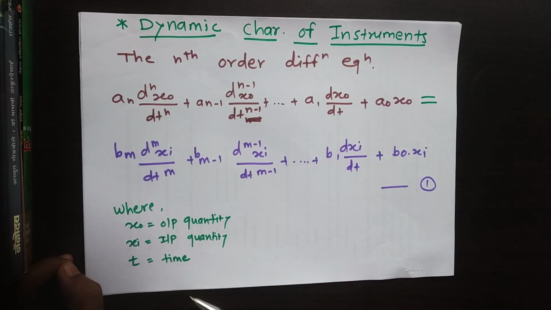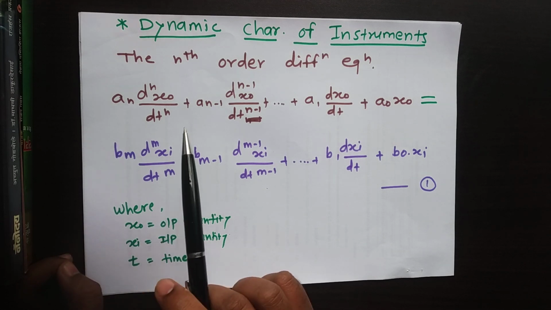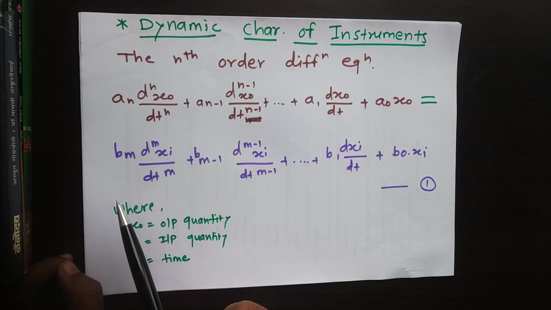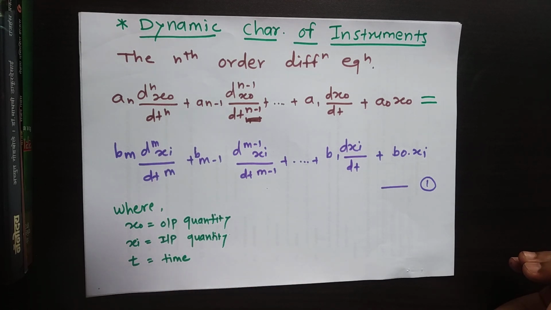So there are some similarities in input output terms you can see from this, that is this a and b. So this a and b are nothing but some of our variables. Okay, so a and b are some of the variables. So for example, let us see one property of the zeroth order instrument.